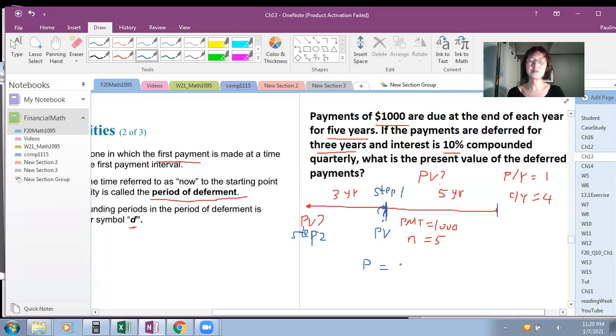Remember P equal to 1 plus I raised to power C, minus 1. I is 10% divided by 4.